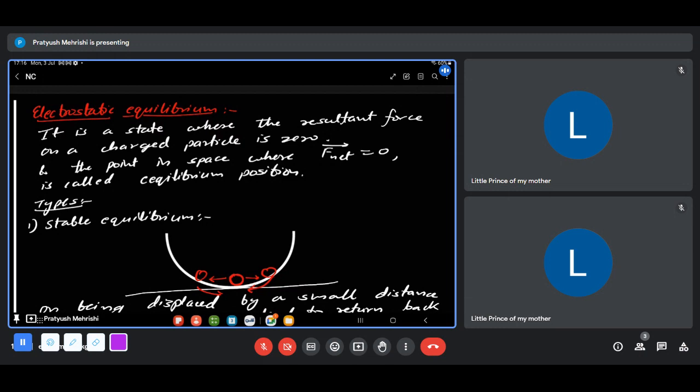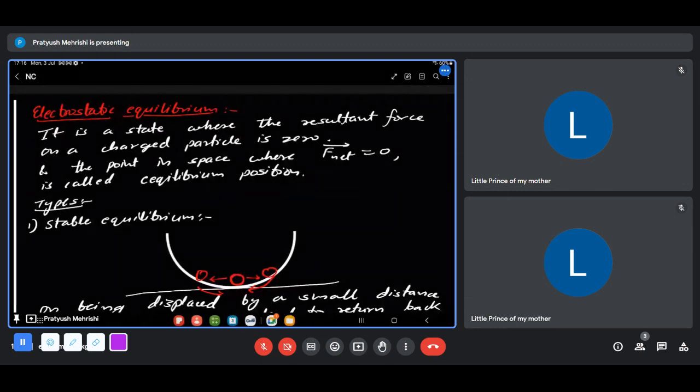So till now we have seen electrostatics from the basics. We have seen Coulomb's law, the application of Coulomb's law, its limitations, and several examples also. Now let us come to electrostatic equilibrium.